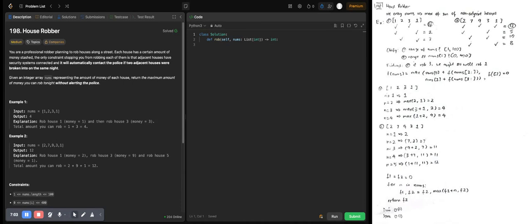If we rob 3, we might as well rob 1, because it doesn't harm as there is no negative value here.